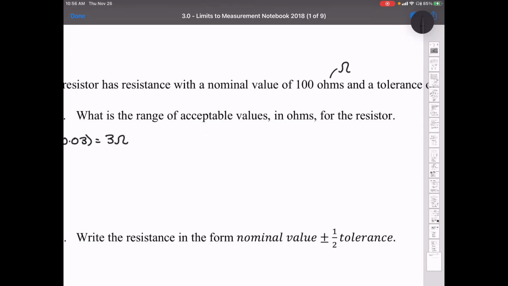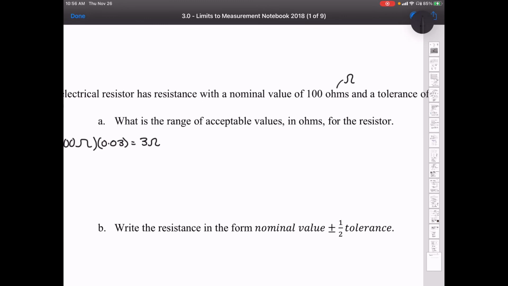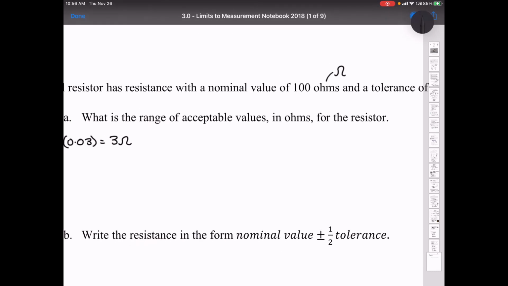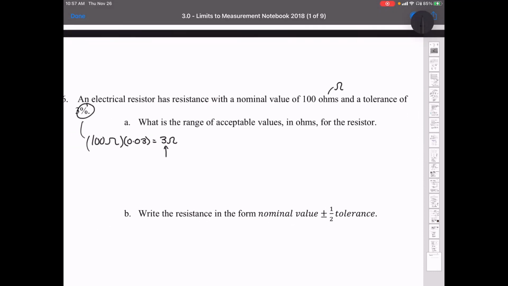So then we want to figure out the range of acceptable values. That's your max and your min. So we would take our nominal value, and the range of acceptable values is just your tolerance here. So that would be 3 ohms.